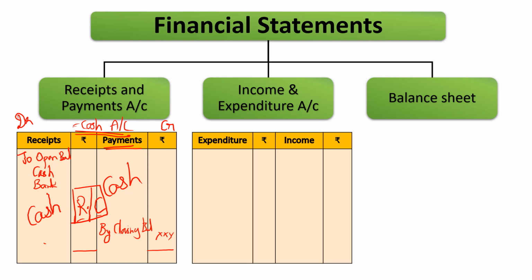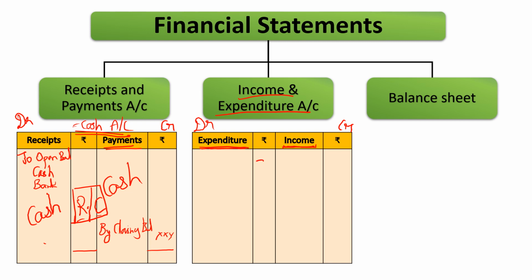Next one is income and expenditure account. In income and expenditure account, on the debit side, we record the expenditures, and on the credit side, we record the incomes. It is called income and expenditure account, but first we have to record on the debit side the expenditures and on the credit side the incomes.